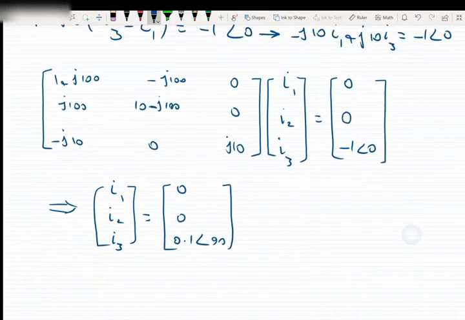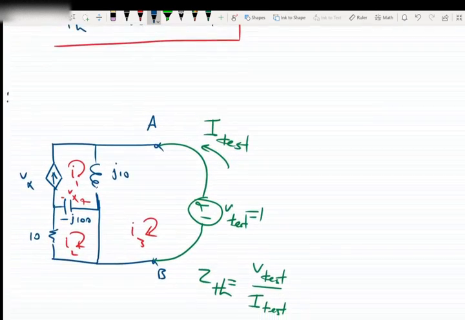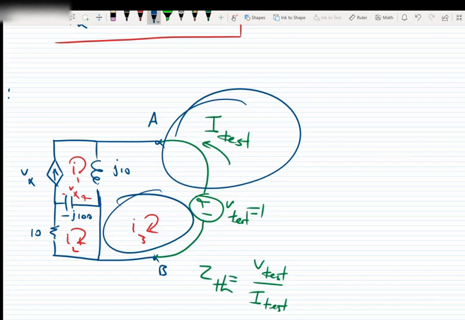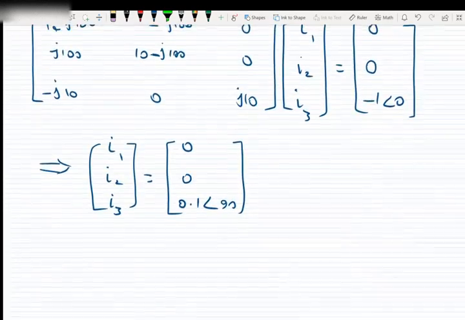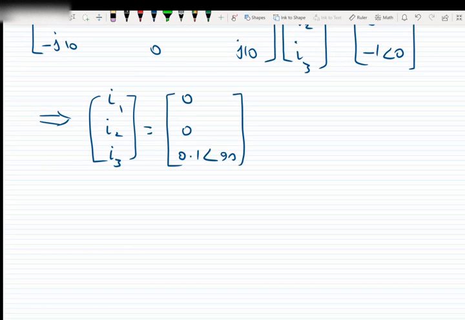Okay, let's go back to the circuit. We see that I test is equal to negative I3. Okay, they are in opposite directions. So we can say I test is equal to negative I3, which is negative 0.1 with the angle of 90.